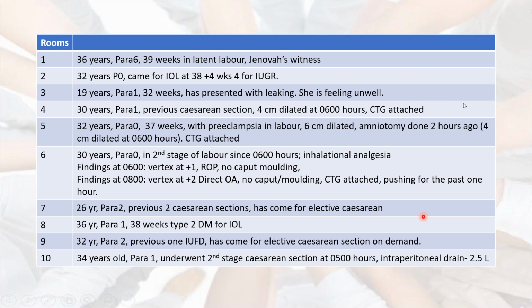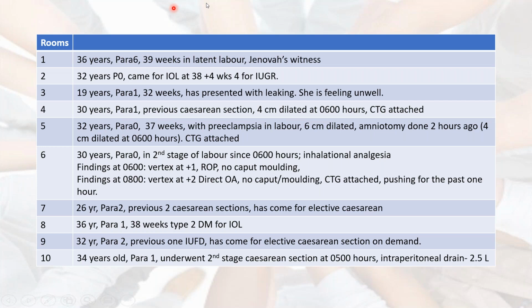She should be admitted to the high dependency unit for continuous monitoring with a MEWS chart. If I'm busy with another patient, the anesthetist can be involved in this case to stabilize the patient.